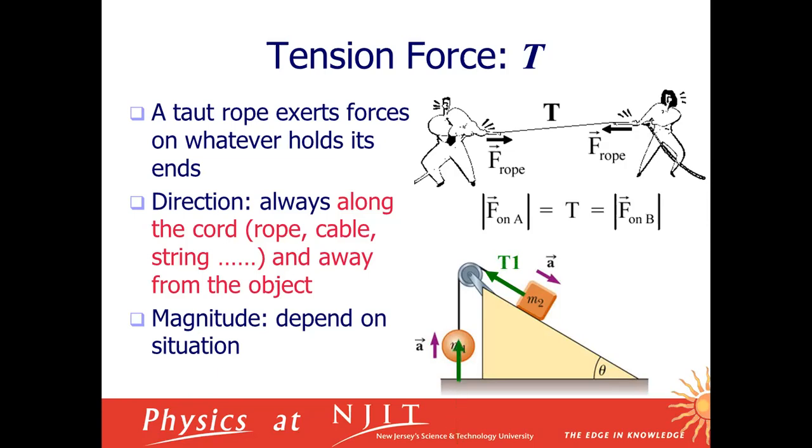I repeat, usually tension holds an object. In this diagram, all of the tension would be equal: T1 is equal to T is equal to T2. It's like a tug of war of forces.